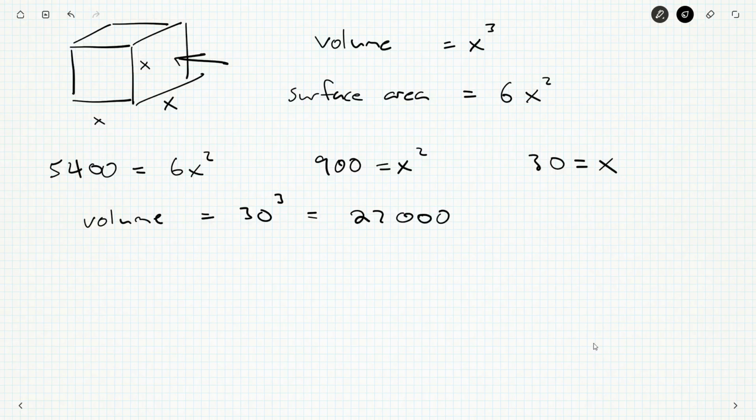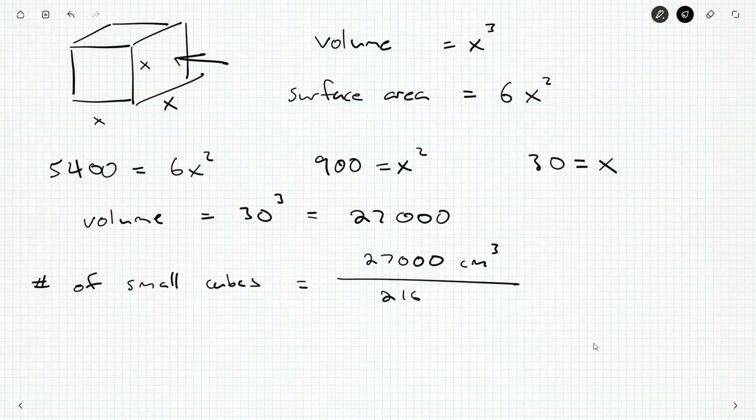Again, if you need your calculator, go for it, but maybe you don't. So the number of small cubes is just going to be the total volume of the big cube divided by how much volume is in each smaller cube.